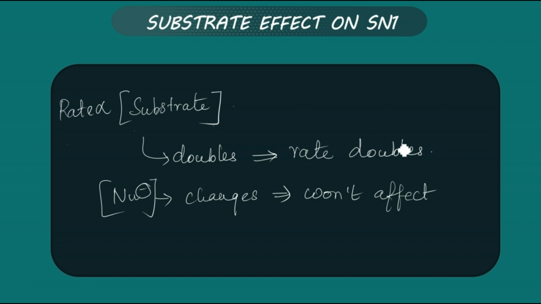So that is about the rate of the reaction. Remember, SN1 is a first order overall reaction, and 1 represents unimolecular: nucleophilic substitution unimolecular.